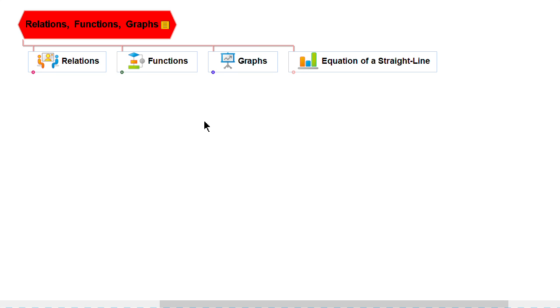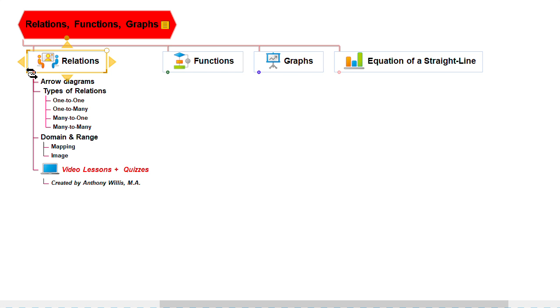So, as I mentioned in earlier videos, and I showed you how to create a mind map, I'll just walk you through the contents of this mind map. Now I can expand this section dealing with relations, and it shows you the key items that are related to this section.